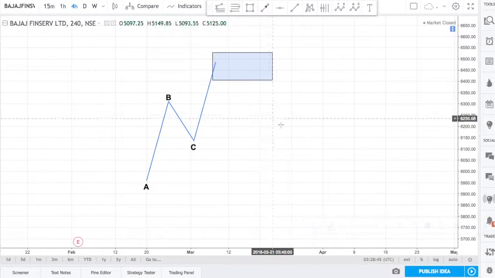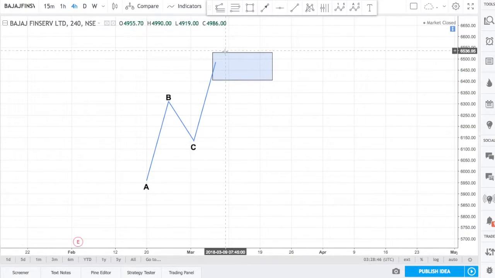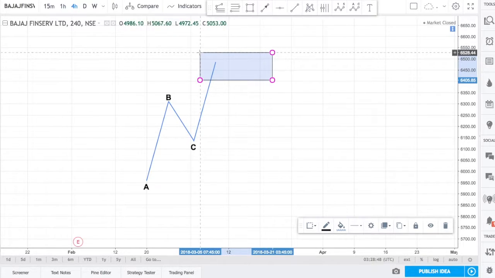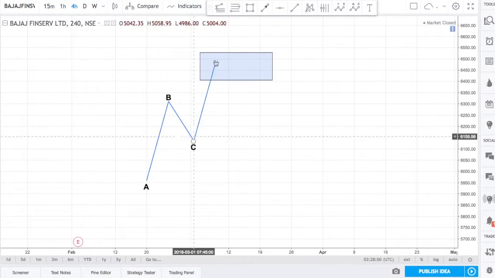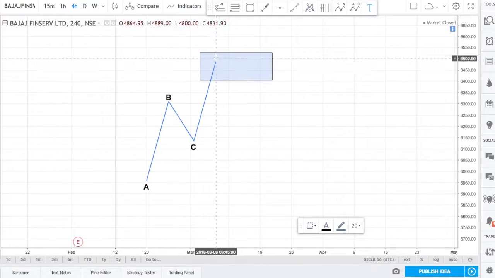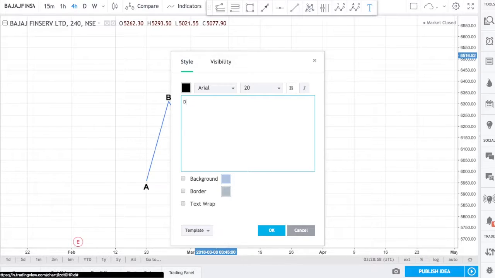This is our possible CD leg. This is our B point.